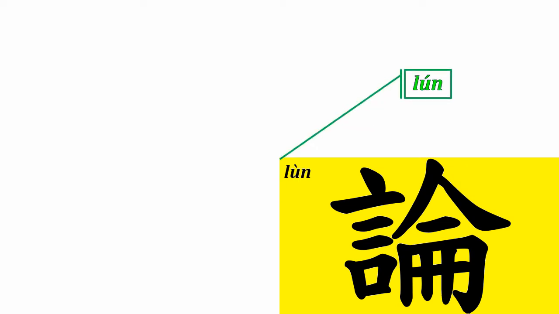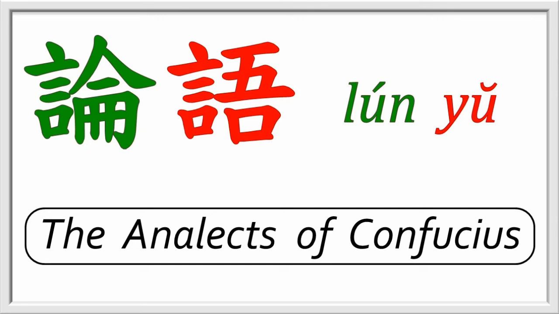Lun, lun. This combination of carefully collected and arranged speech means, as a verb, to discuss, debate, or comment on, and as a noun, it usually refers to an essay or a theory. The second tone pronunciation is basically reserved for the title of the ancient classic, the Confucian Analects, 论语.